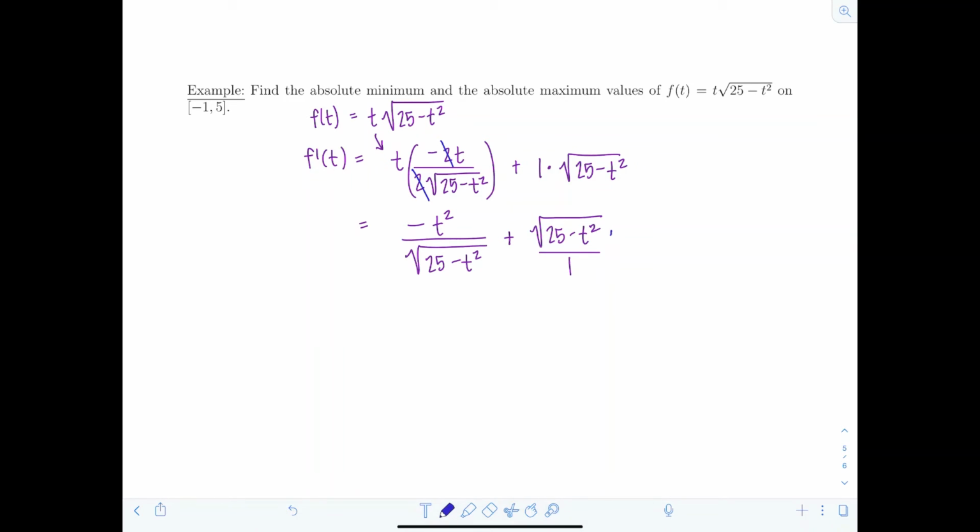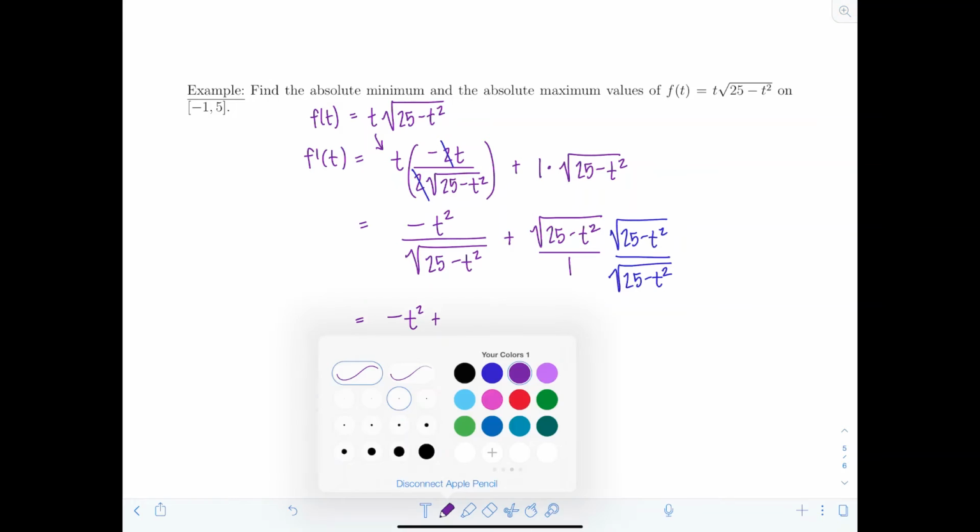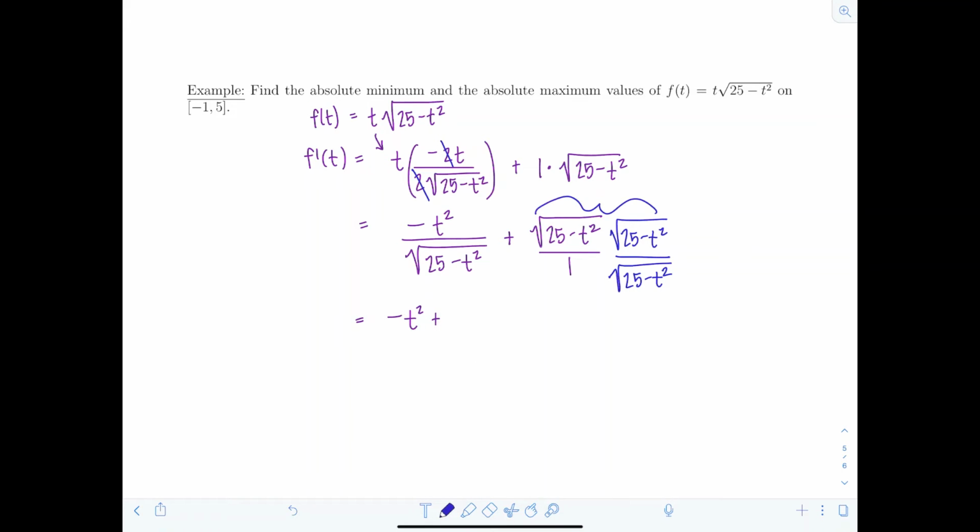So I'm going to need to multiply this by rad 25 minus t squared over rad 25 minus t squared. And then now I'm going to have a -t squared plus, now be careful, when I multiply these two together in the numerator, rad 25 minus t squared squared is just going to give me 25 minus t squared.